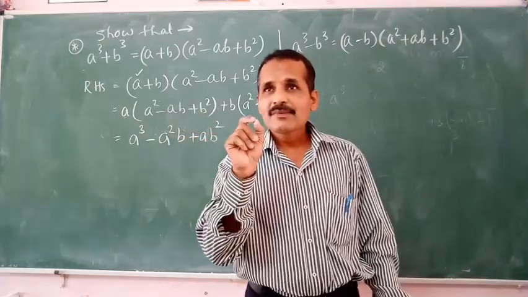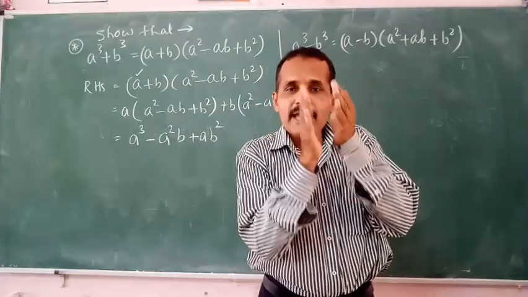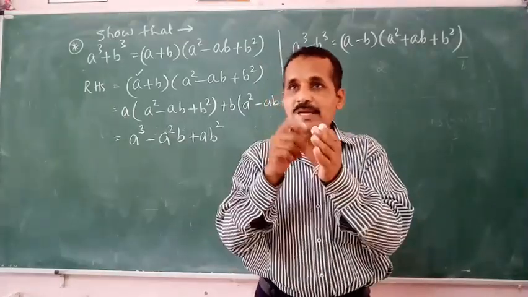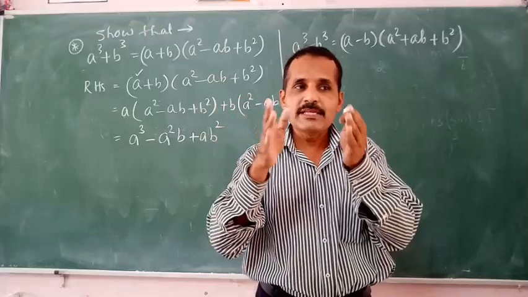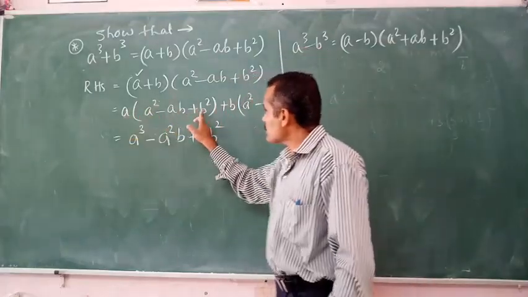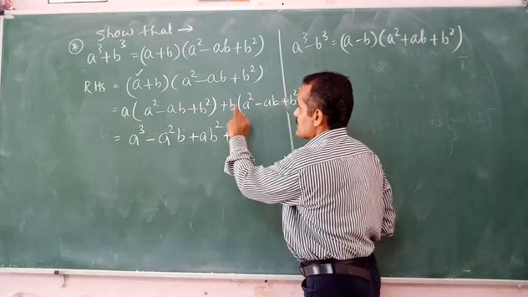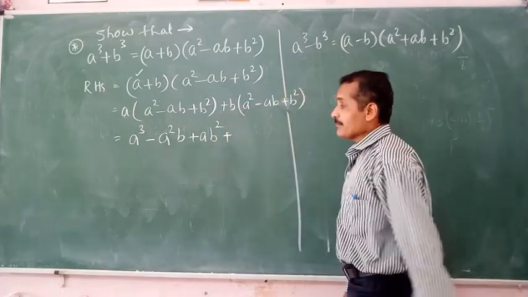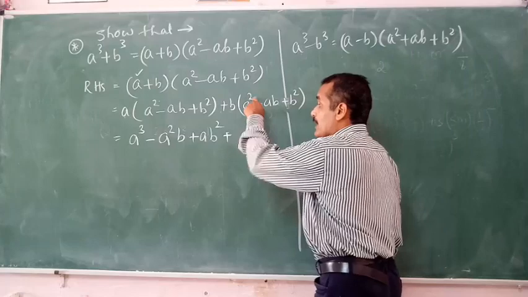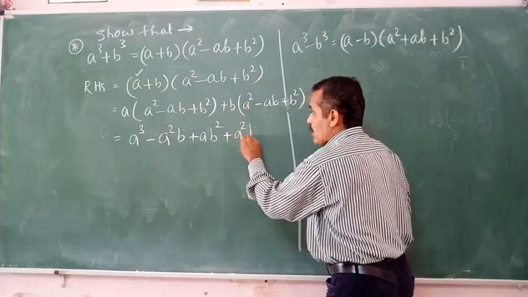My dear children, while writing, see that a will come first, b will come next, so that in future cancellation will be easy for you. So a into b square, it is ab square. Okay, shall I continue? Plus b into a square, I will write again a square b.